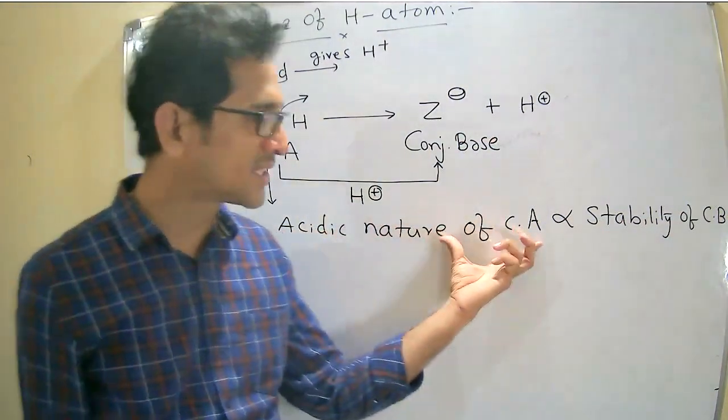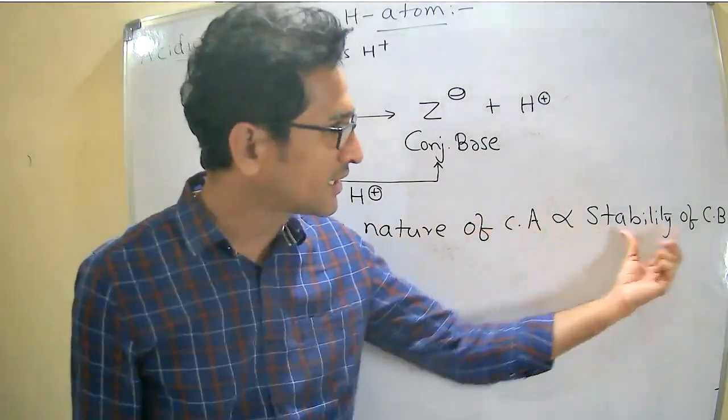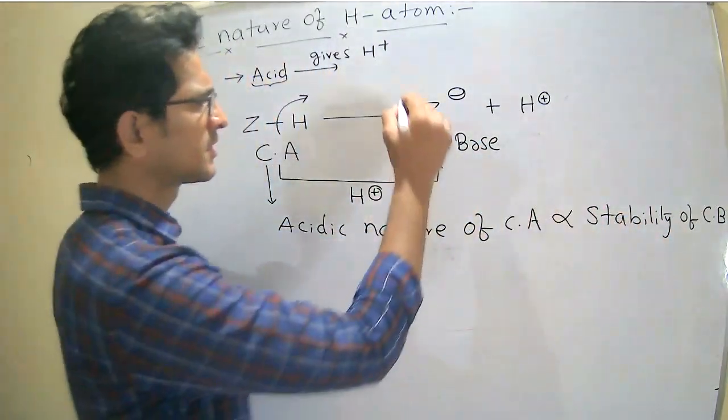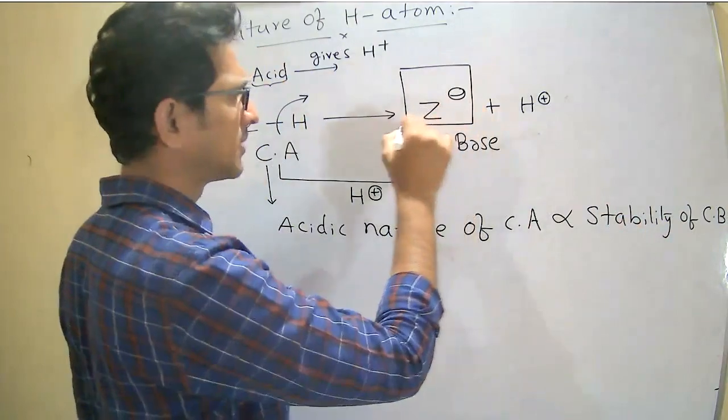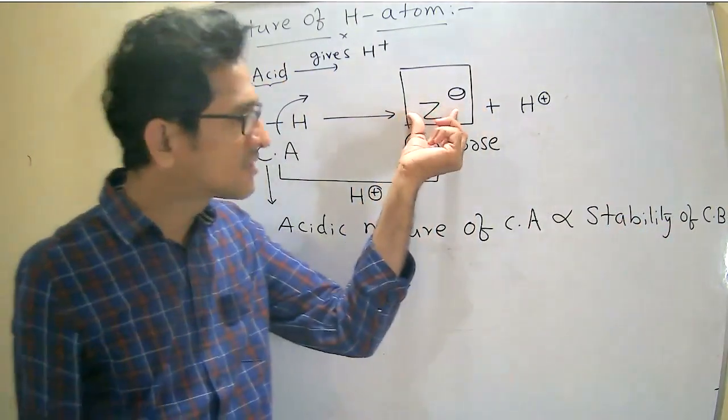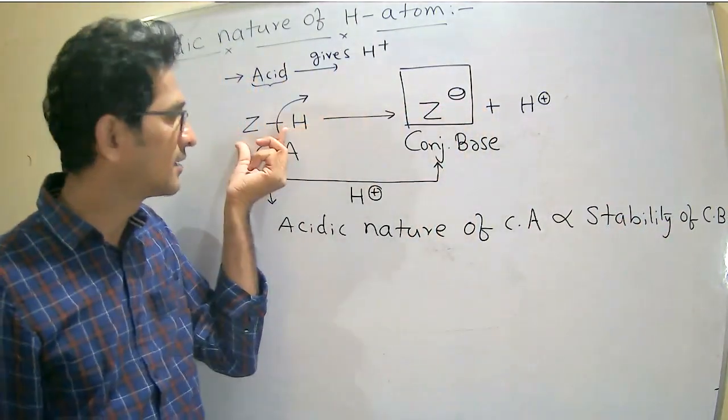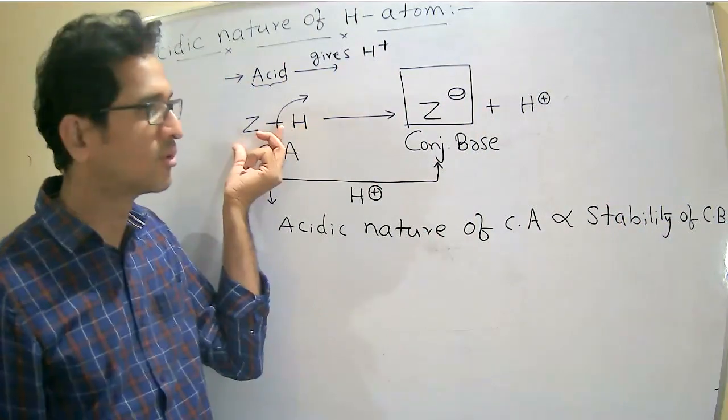Acidic nature of conjugate acid depends on the stability of conjugate base. So this is the conjugate base, and its stability decides the acidic nature of this compound.